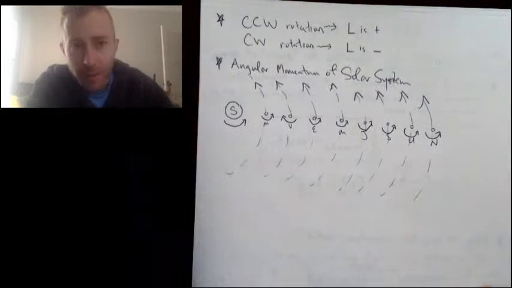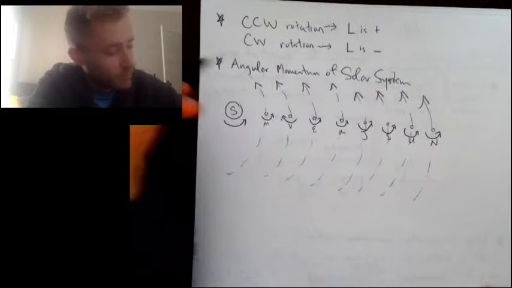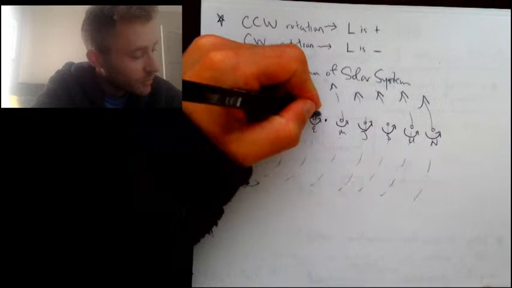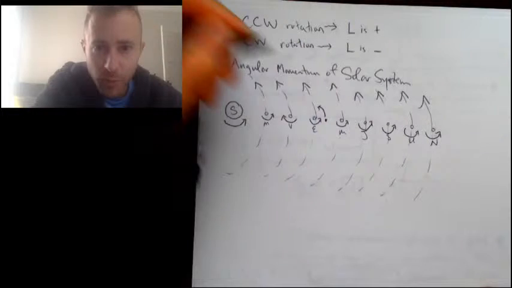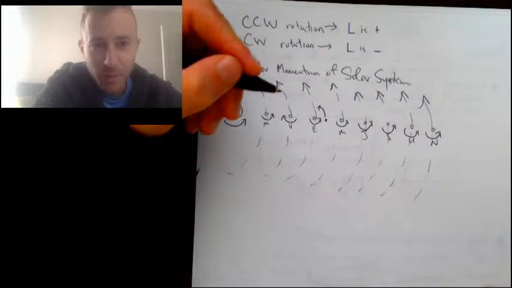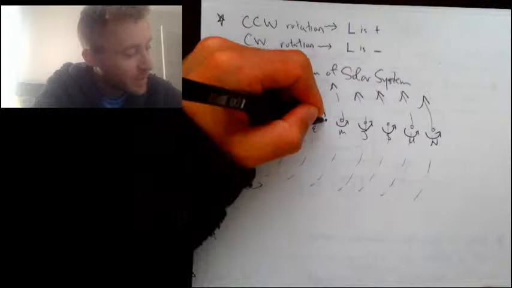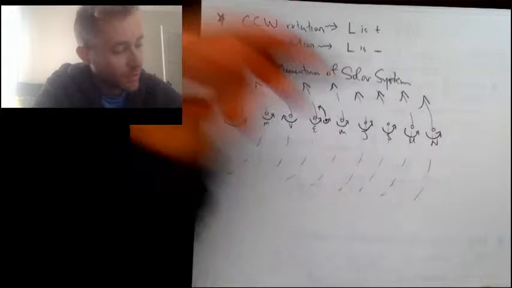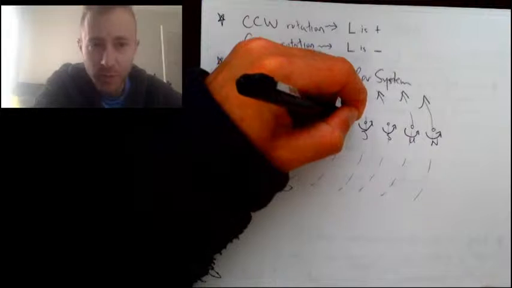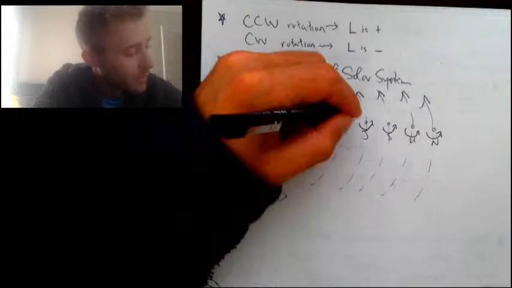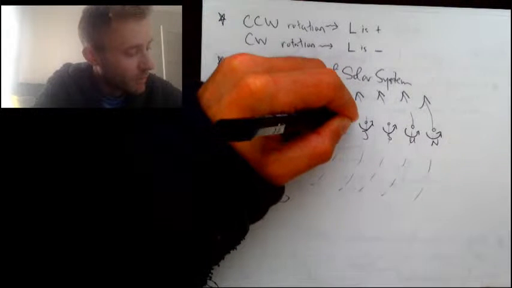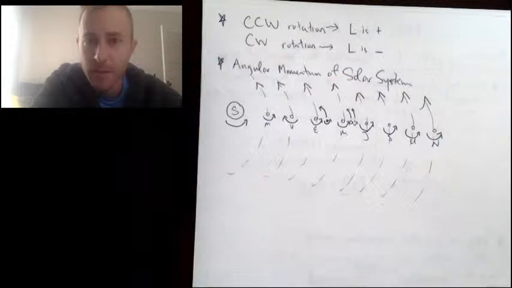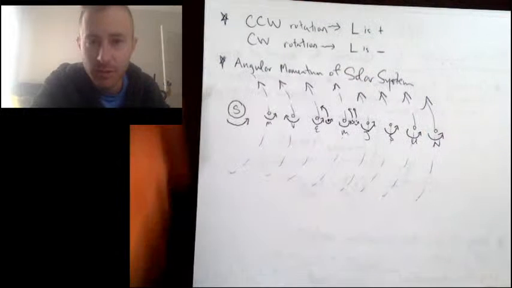Okay? Then we can look at the moons. If we look at the Earth's moon, it orbits counterclockwise. Furthermore, the Earth's moon has a spin angular momentum that's counterclockwise. Mars has two moons named Deimos and Phobos, and guess what? They both orbit counterclockwise. And they both spin counterclockwise. Jupiter's moons, same thing.